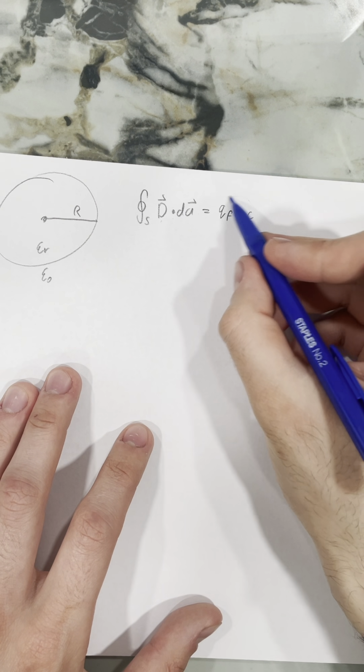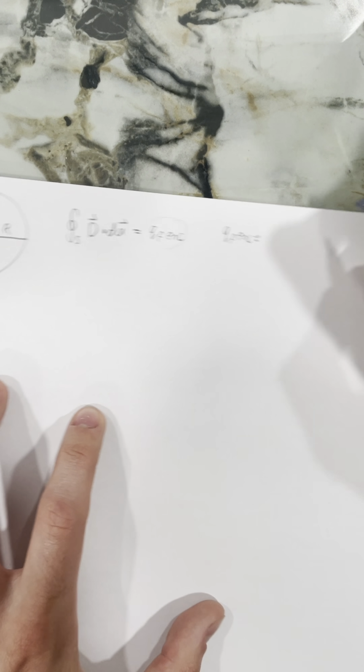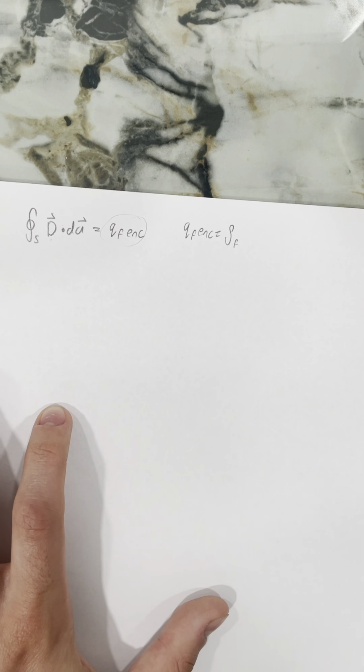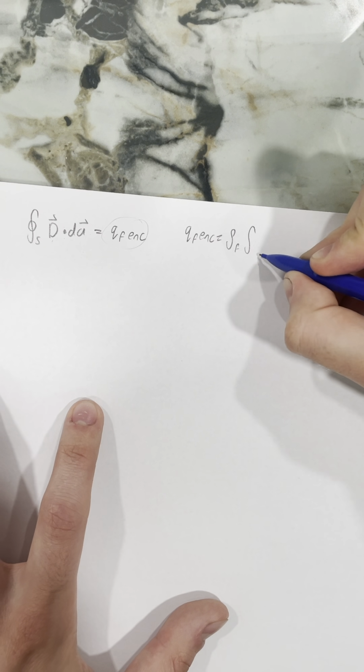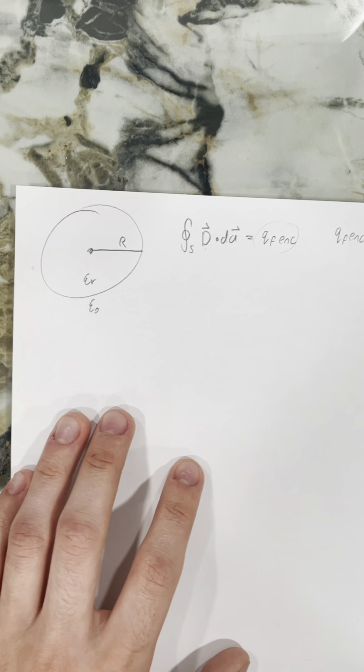As before, the charge enclosed doesn't change, so the charge enclosed is equal to the free charge volume density multiplied by the volume integral of this sphere.